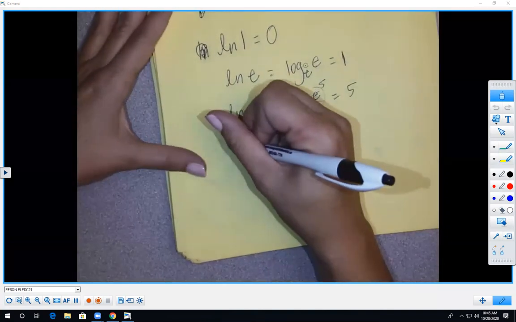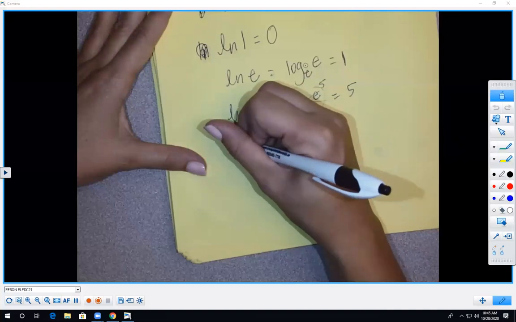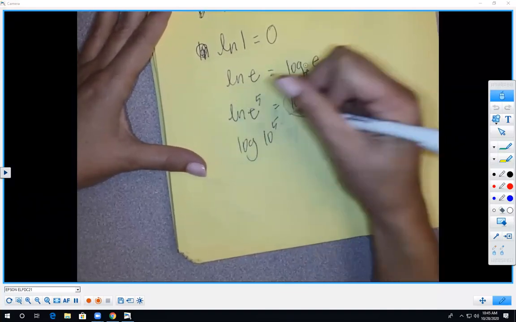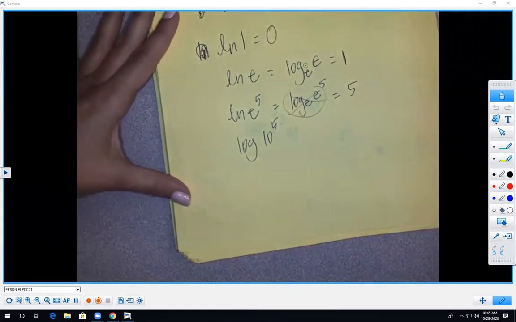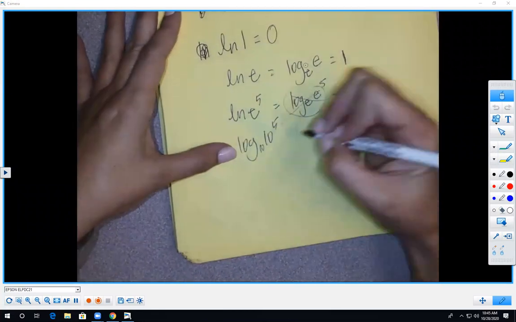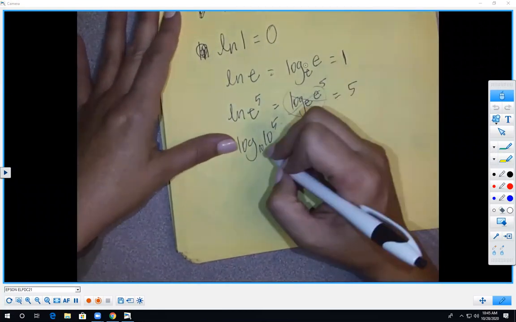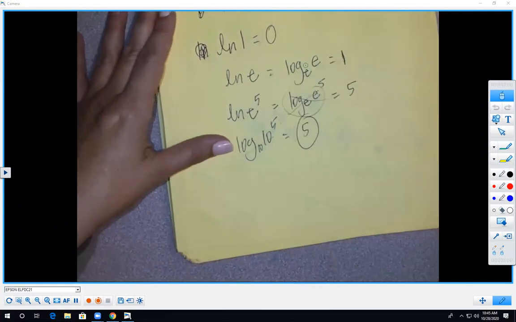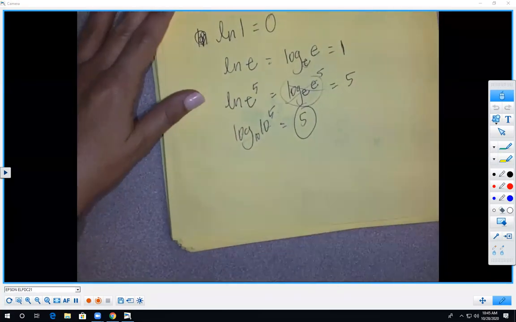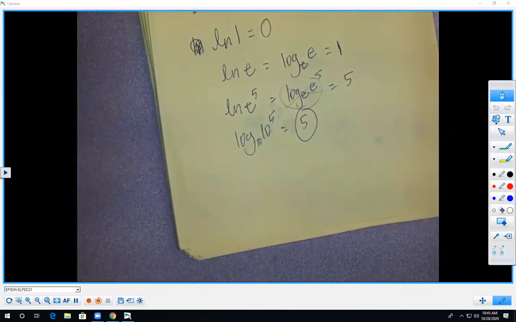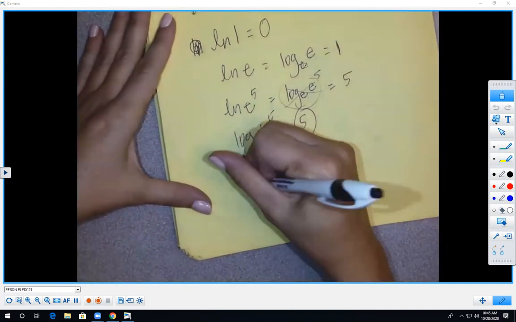What about log of 10 to the 5th power? Remember, this log has a base of 10. You could write a 10 there if you wanted to. Same idea: log base 10 of 10 to the 5th, they undo each other, and I'm left with 5. What about log of 1?